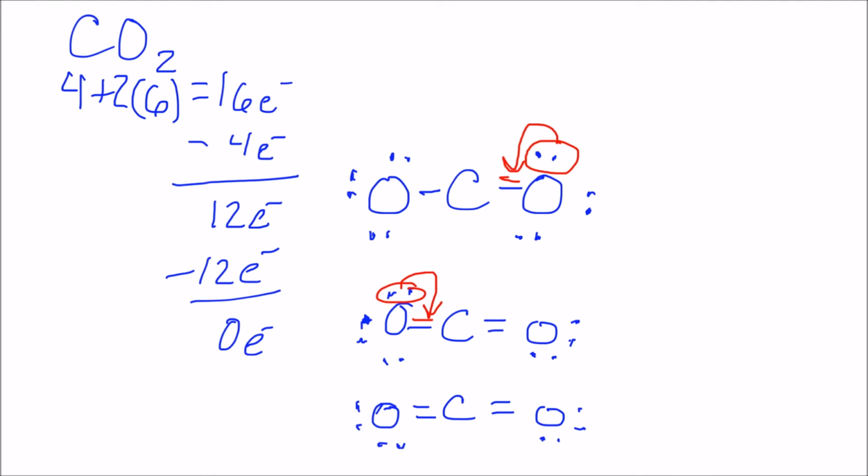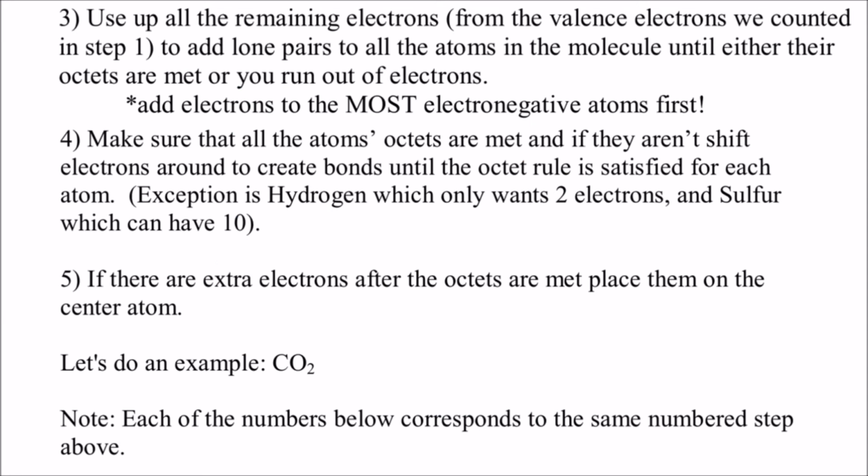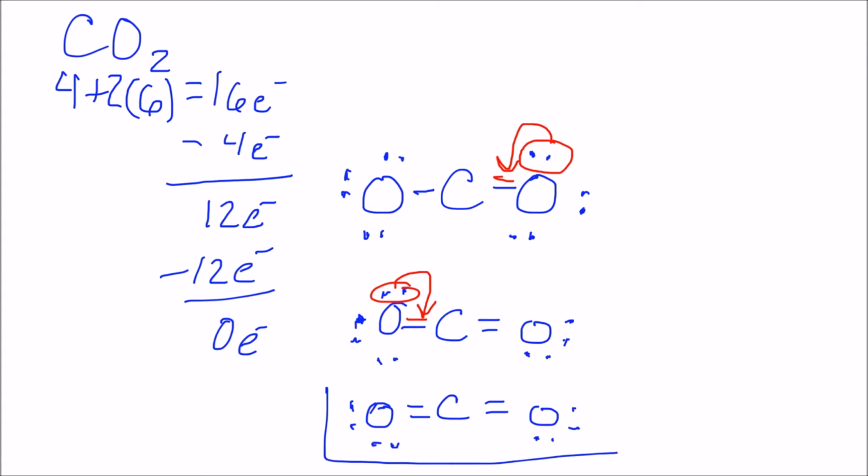We've got 2, 4, 6, 8 for that oxygen, 2, 4, 6, 8 for that oxygen, and 2, 4, 6, 8 for the carbon. That means all of the octet rules are obeyed for every element. There are no extra electrons after the octets are met, so that means this is our final structure for carbon dioxide.